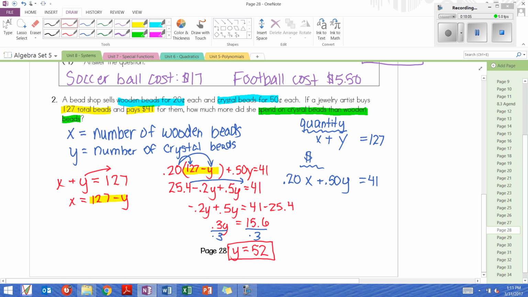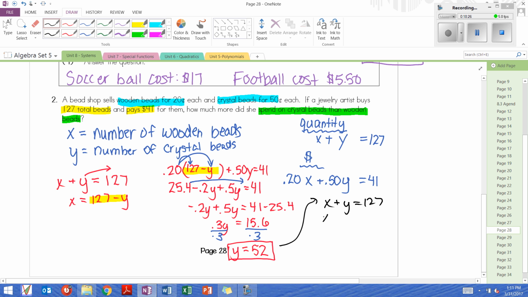I need to substitute this back into one of the equations. I'm going to go with the easier one, no decimals involved. So let's go back to, I'm running out of space, so I'll show this right over here. This is kind of like my next step of the process. So x plus y equals 127.